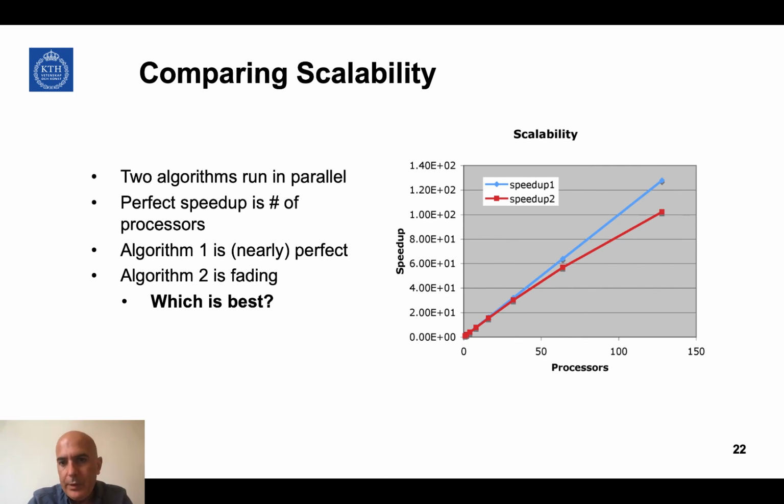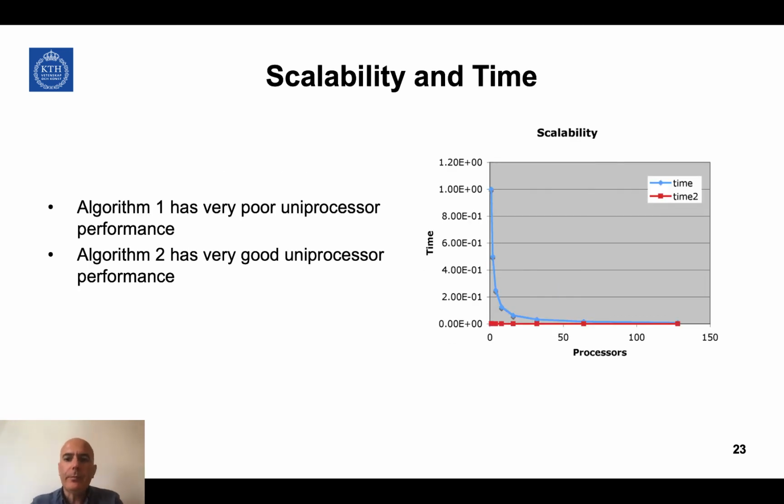The ideal speedup is basically a straight line, right? It means that if you double the number of cores, then you basically halve the execution time. So the blue line, according to this plot, and the blue algorithm, is much better according to this speedup plot. But the question I have for you is, which one is the best? Well, what we need is another plot in these slides.